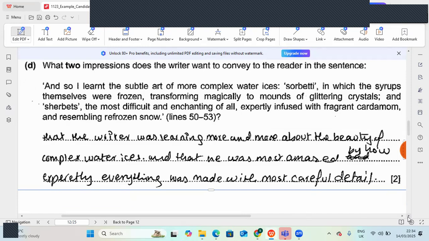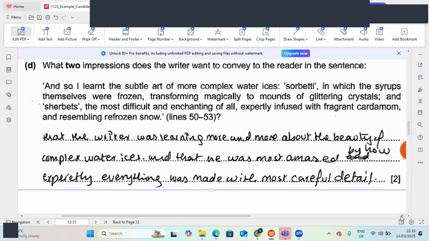The first thing written by the candidate says the writer was learning more and more about the beauty of complex water ices, and he was most amazed by how expertly everything was made, with most careful detail.